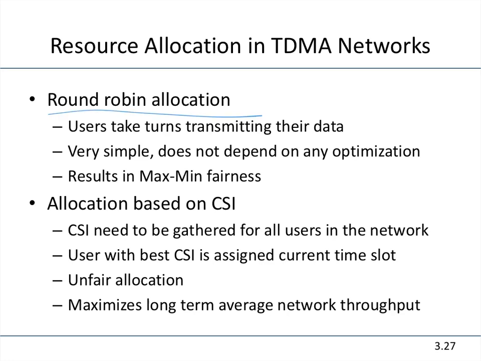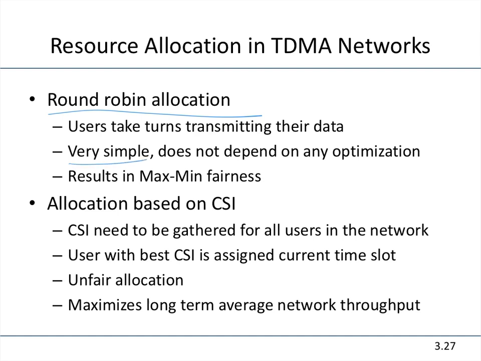That's what we do in TDMA. So TDMA essentially uses what we call, in radio resource management, a round robin. For a round robin scheduler, it's absolutely fair. Of course, it's 100% fair. Is it efficient? Of course not. It's not efficient.